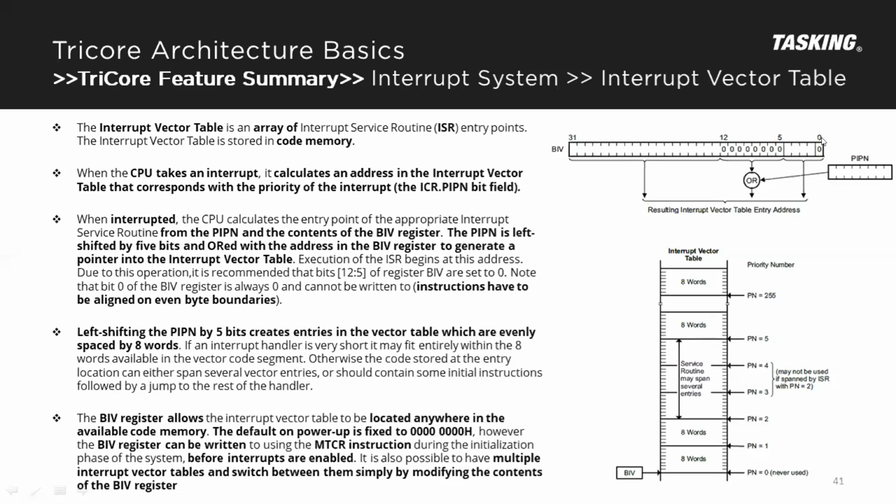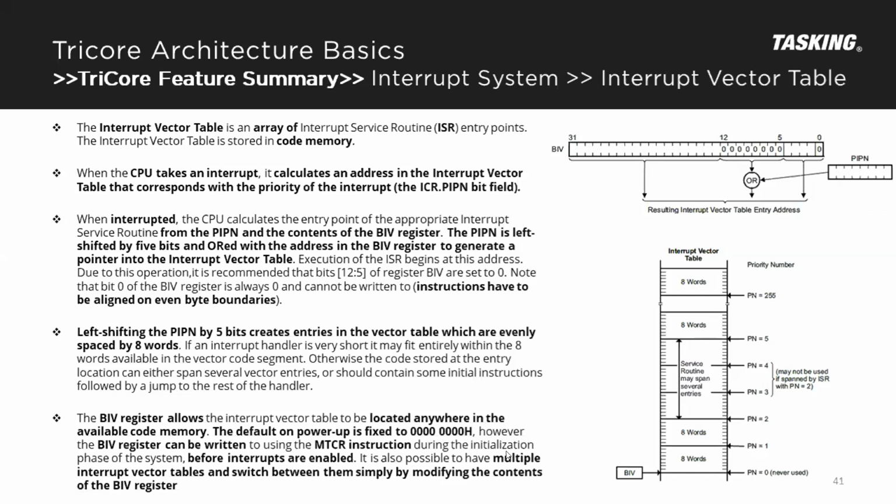Please note as well that this bit is always 0. So the first bit of every base interrupt vector is 0, which means the interrupt service routines are aligned on even byte alignment, because here it's always 0.